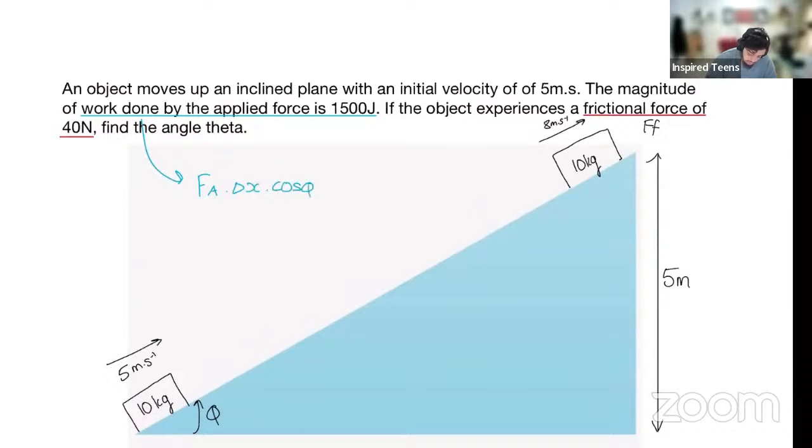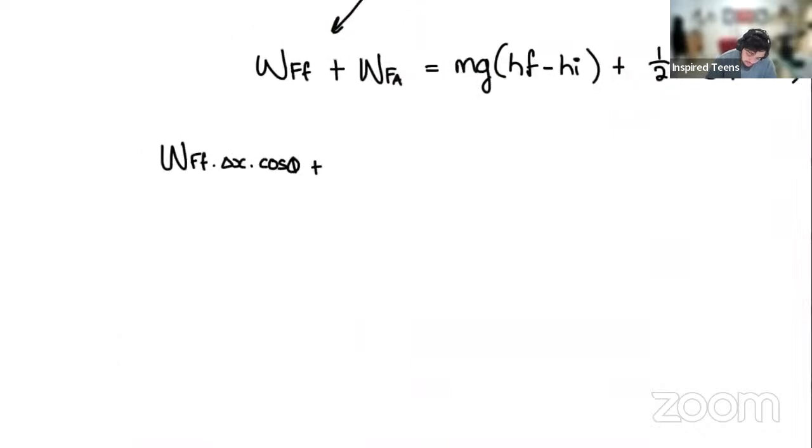No, I don't, because the answer is already given. If they gave me the applied force, maybe I'd open this up, but they give me the answer already. They tell me that the work done by the applied force is 1,500 joules. So this stays as is. This is work done by F applied because I have its value.